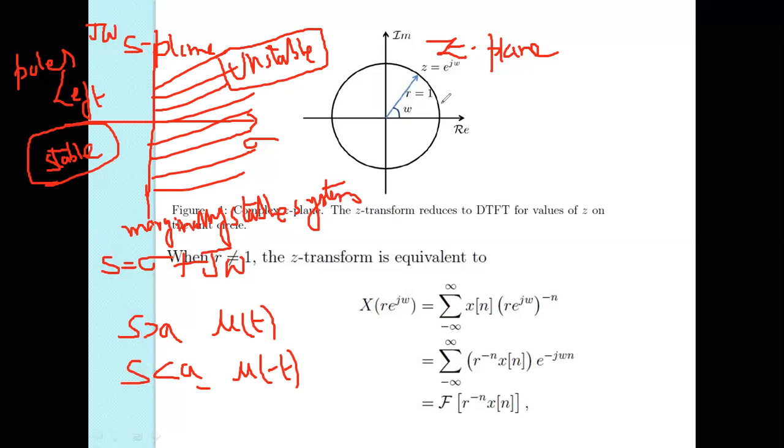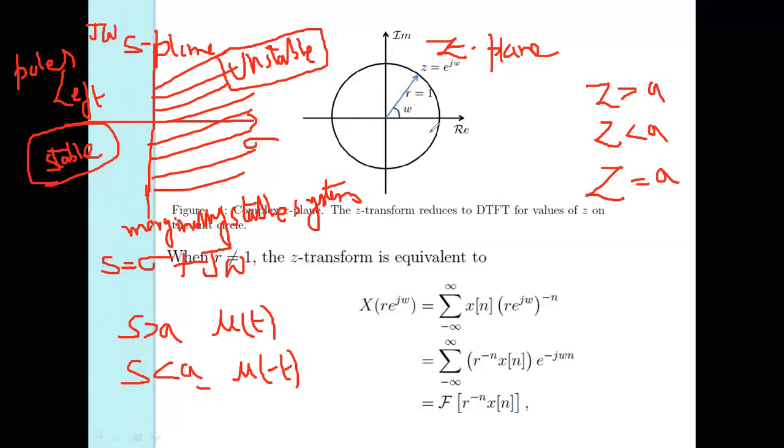Coming to the Z plane, the mapping here. Z is greater than A, Z is less than A, and Z is equal to A. These are the three conditions we have. Let it be Z greater than R. A is nothing but the radius, the unit circle.